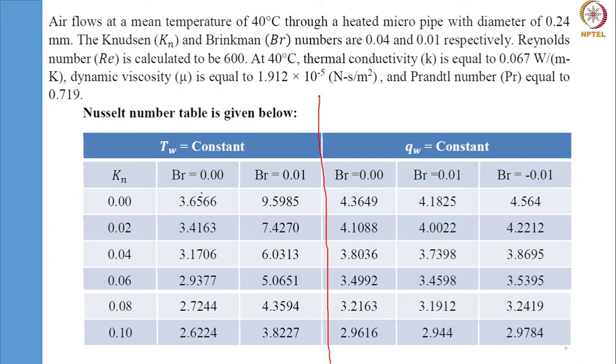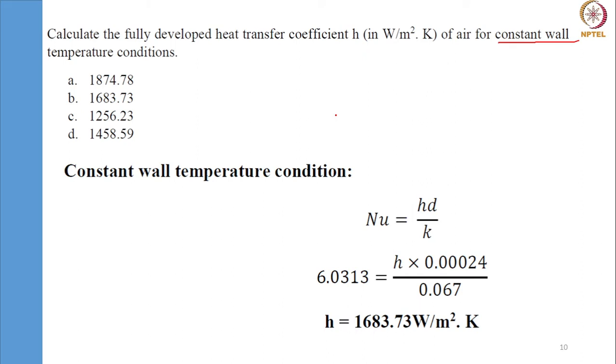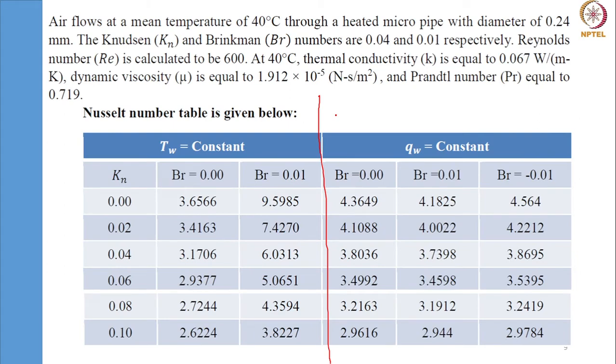So we are looking for that Nusselt number where the Knudsen number is 0.04 and the Brinkman number is 0.01 for a constant wall temperature condition. So our Nusselt number is 6.03.